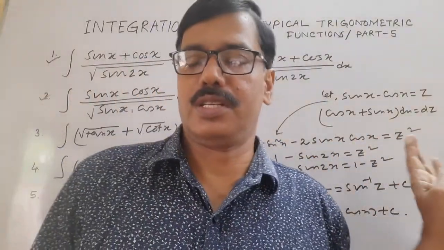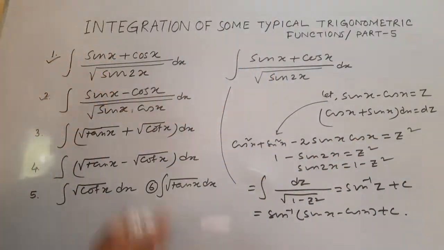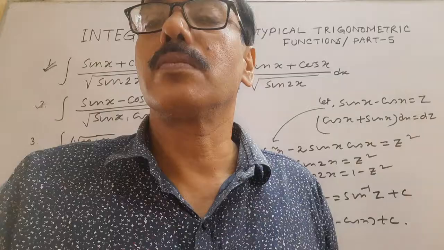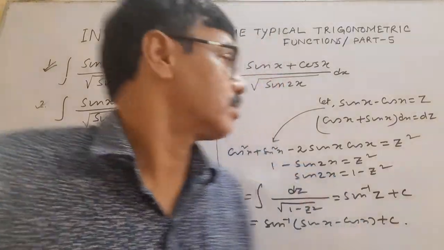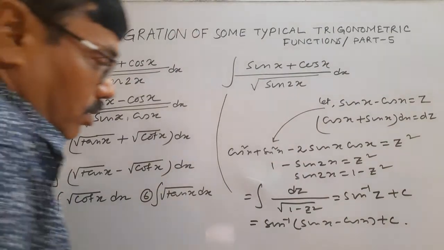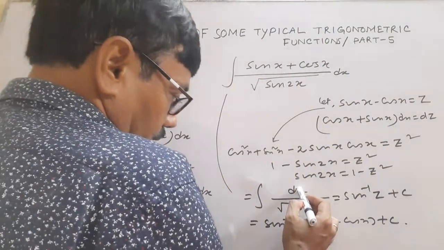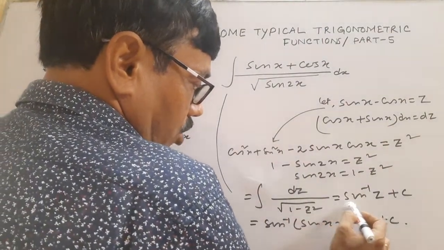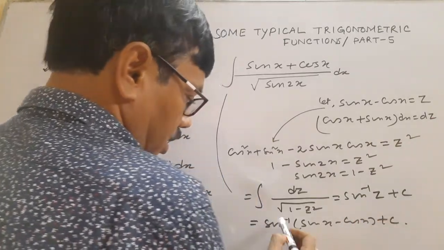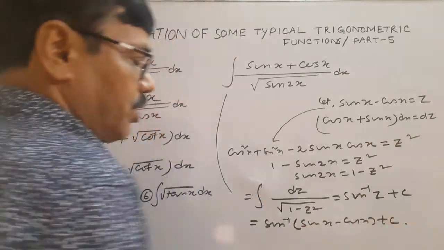So this is number 1. Integral of dz by root over 1 minus z square is sin inverse z plus c, with the full value of z.